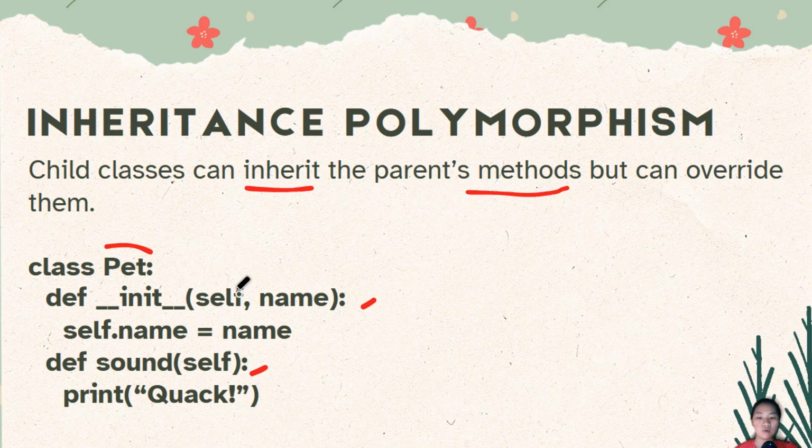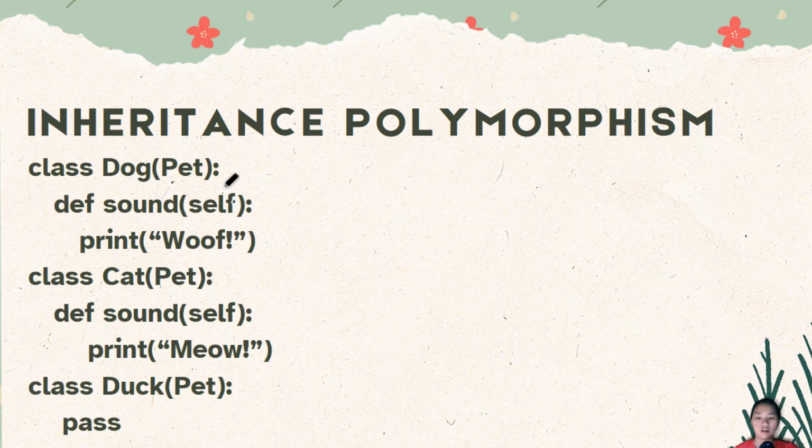So pet has both the init function and the sound function, but for this one it's quack, which doesn't really apply to cat and dog. Now, dog is the class with the pet inheritance, so pet is the parent and dog is the child.